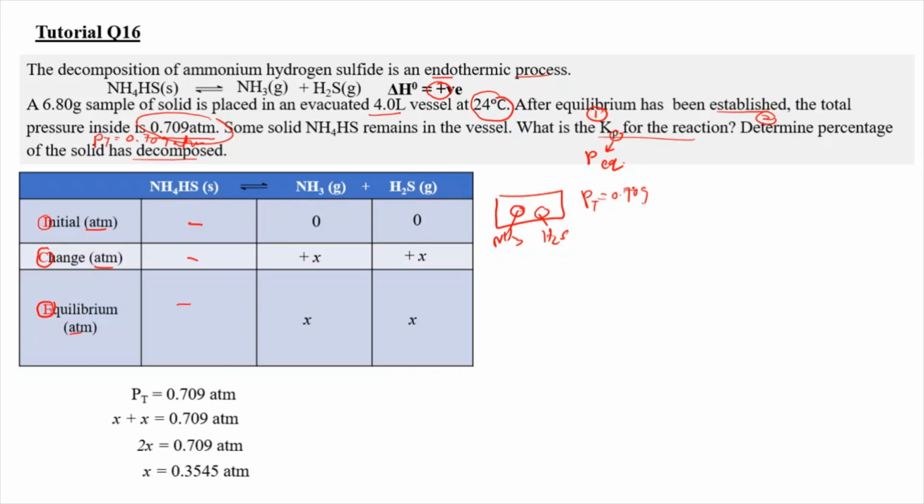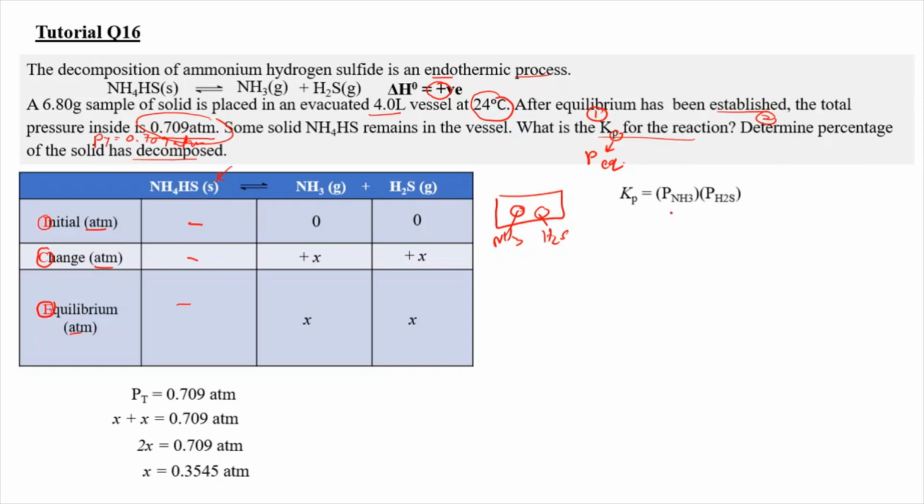From here, you can find the Kp by writing out the Kp expression first, which is the partial pressure of ammonia multiplied by the partial pressure of H2S. The partial pressure of NH4HS is not included because it is in the solid state, so we're just going to ignore that.